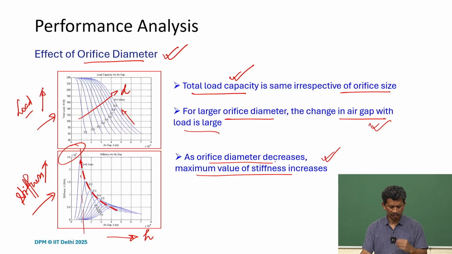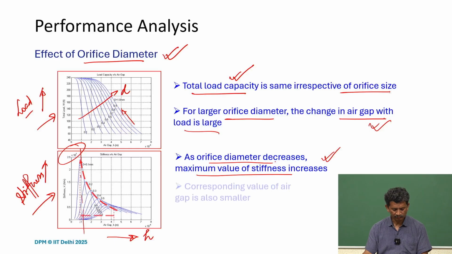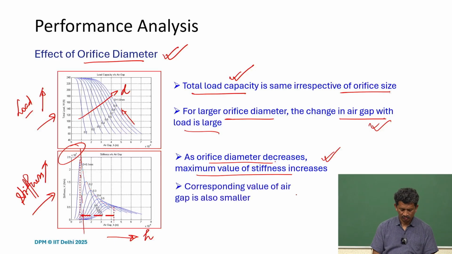I think it's very important to understand this part, how air bearing works, and once we know, we'll be confident to apply these elements in our design. But we also know that the air gap at the maximum value of stiffness is very small.